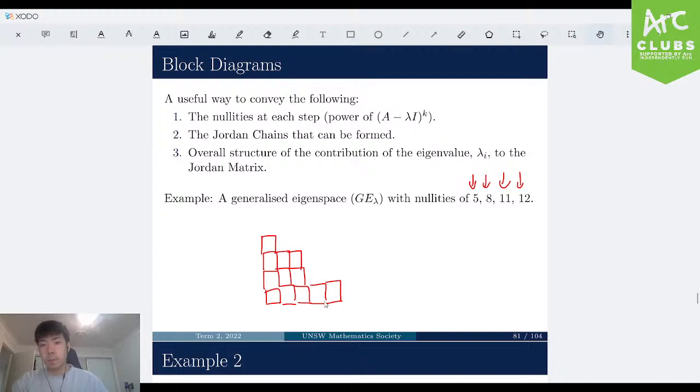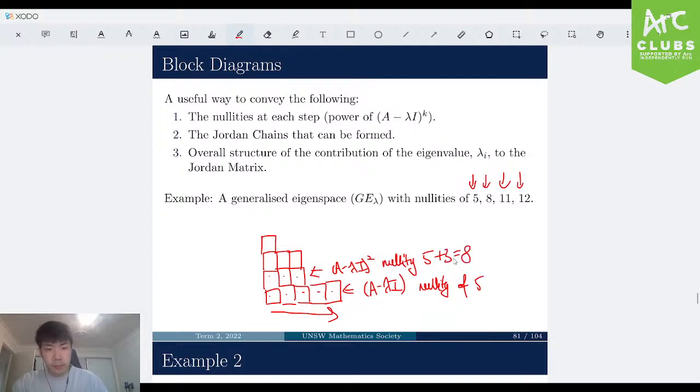Okay. Now, this block diagram obviously conveys nullities, because if you read the diagram horizontally, that will tell us nullities. For example, this will tell us that A minus lambda I has a nullity of 5. And then at this level, this will tell us that A minus lambda I squared has a nullity of 5 because of the previous level, plus the 3 on this level.